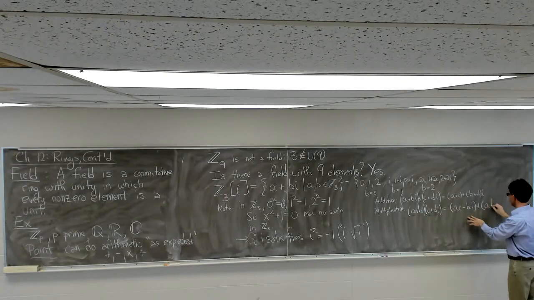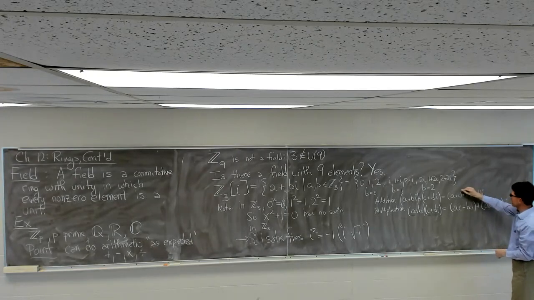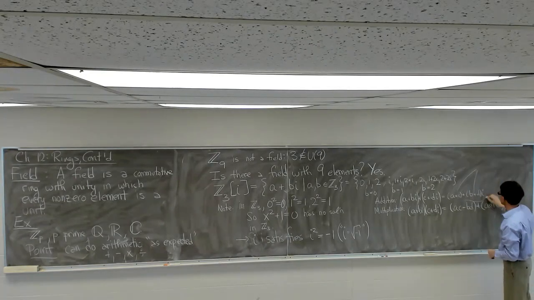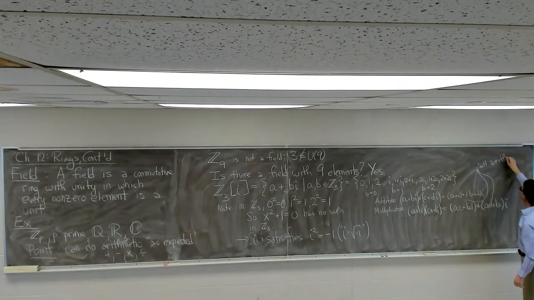So basically think here about FOIL. But the only difference now is that this arithmetic is mod 3. That's the only difference. We reduce everything mod 3.